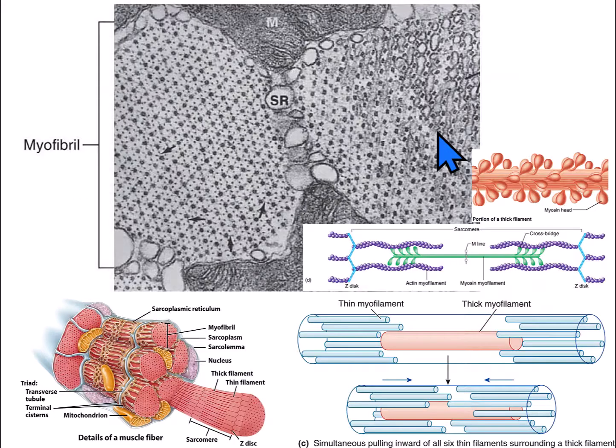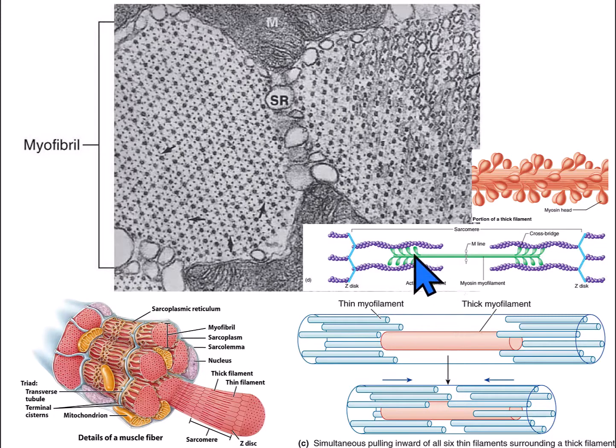And to show a more three-dimensional arrangement of these thick and thin myofilaments, here's a scanning electron micrograph that's showing a myofibril. Remember, myofibrils consist of those thick and thin myofilaments. So we have a thick myofilament, and around that thick myofilament are actually 6 thin myofilaments.